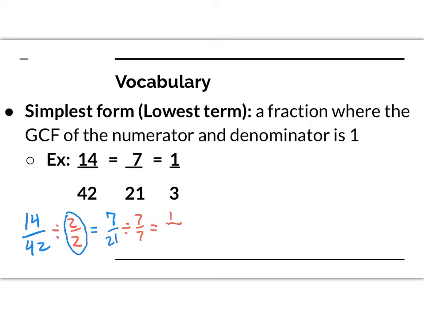And 21 divided by 7 is 3. So all three of these fractions, 14 over 42, 7 over 21, and 1/3, have the same value. The numbers are different, but they have the same value because all we did was change each fraction by multiplying or dividing by 1.